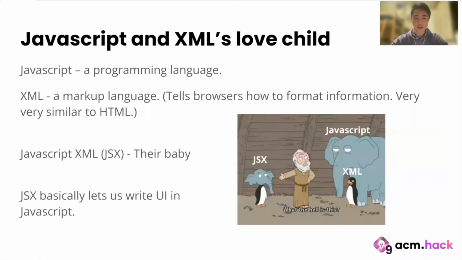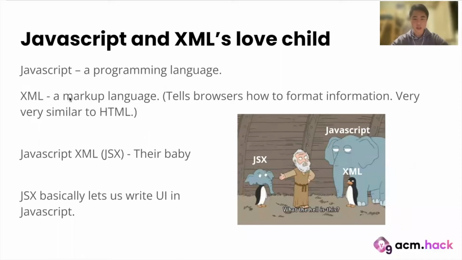So the first thing to understand is what programming language React Native uses. It's something called JSX. If you're unfamiliar with both of these, that's okay. JavaScript is basically a programming language and XML is a markup language. It's very similar to HTML, if you're familiar with what HTML is, which basically tells browsers how to format information.